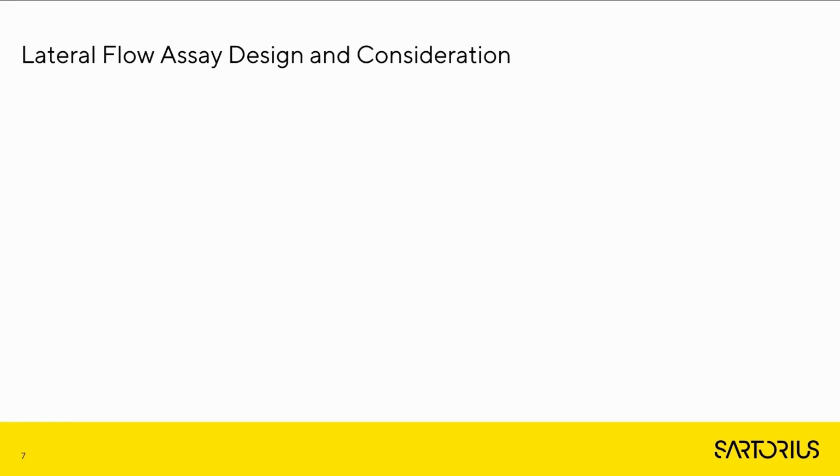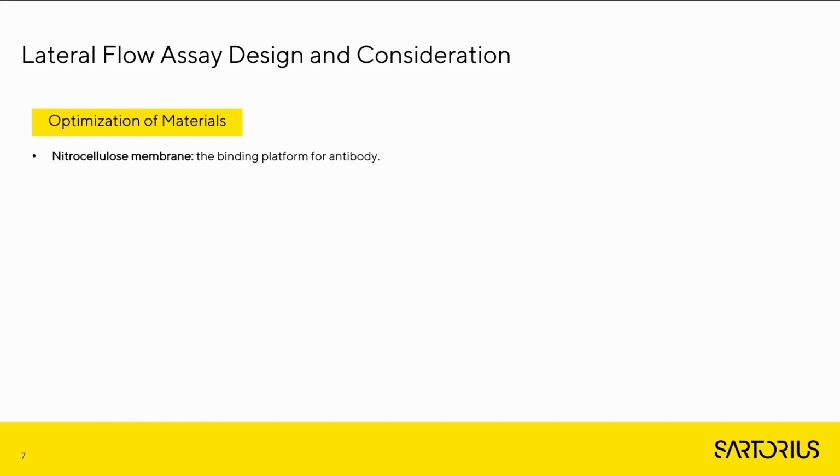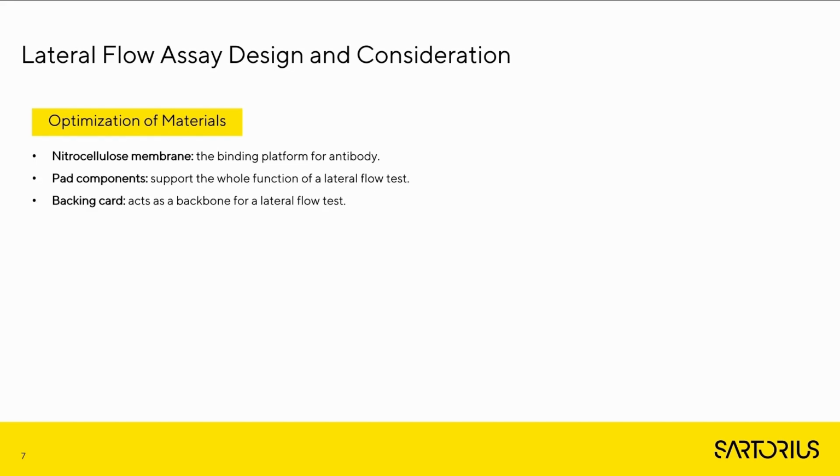In order to get the best performance of a lateral flow test, the following optimizations should be taken into consideration during product development. For material optimization, the nitrocellulose membrane, which is used as the binding platform for antibody, PES components, and even backing cards, should be carefully selected.